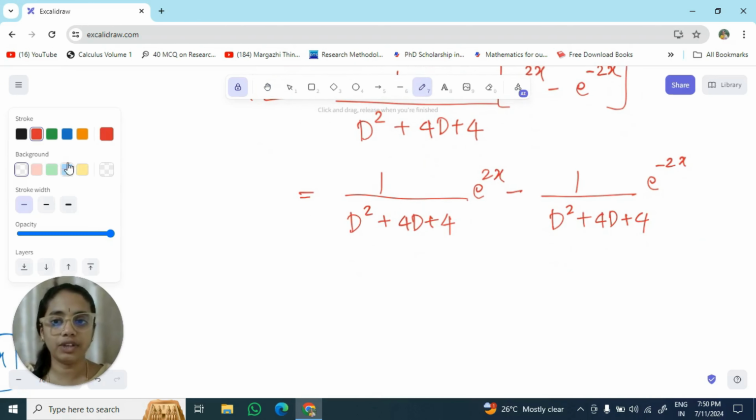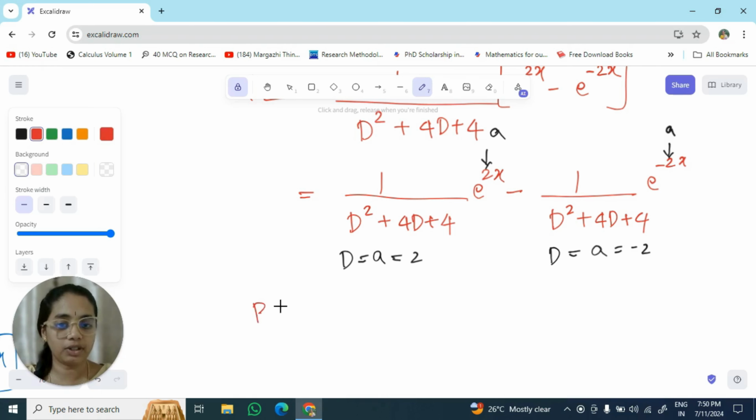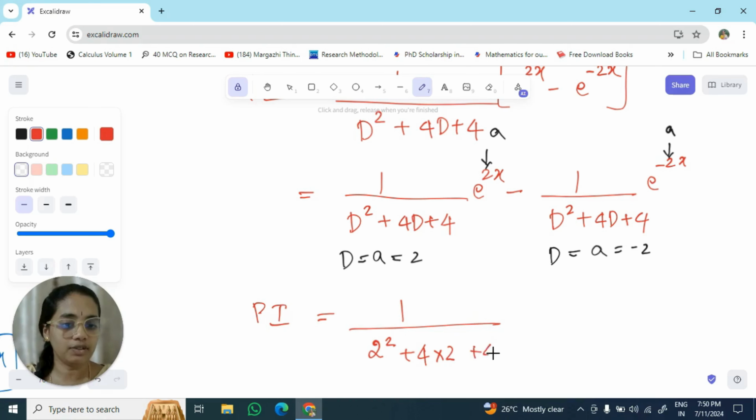Clearly the value of a over here that we have to replace, over here it is 2, over here it is negative 2, right? So we'll have to replace D as a over here. Let us do that. So our particular integral will be 1 divided by 2 square plus 4 into 2 plus 4.